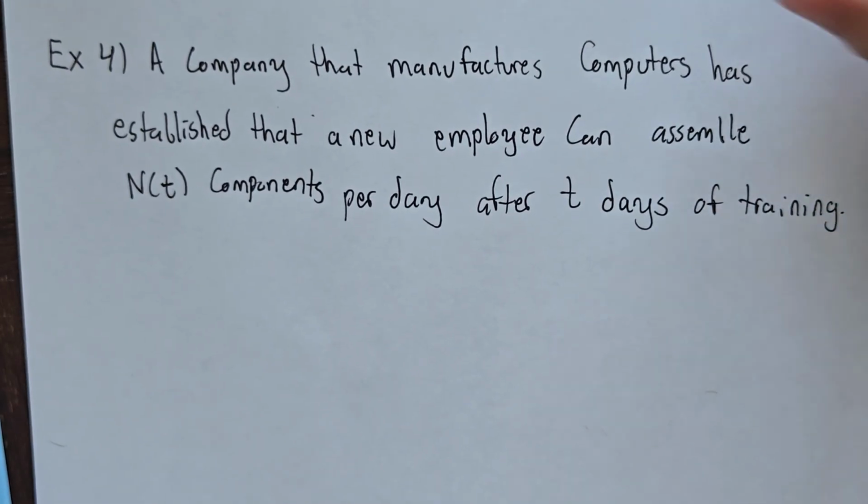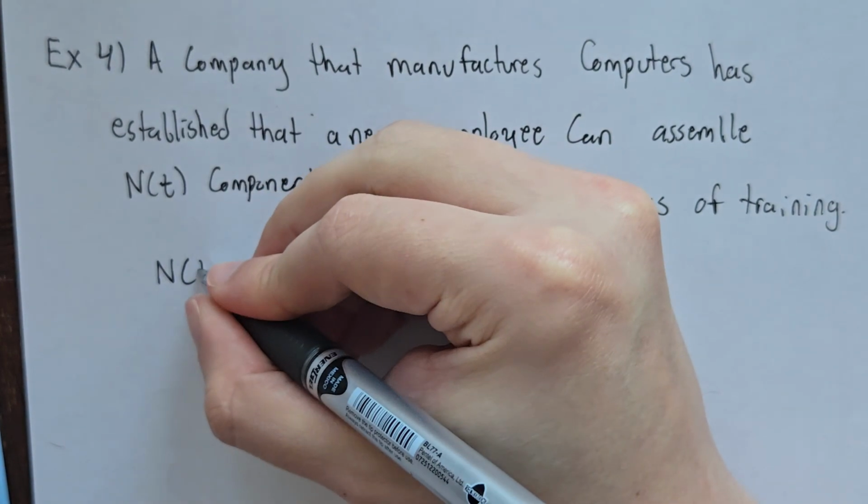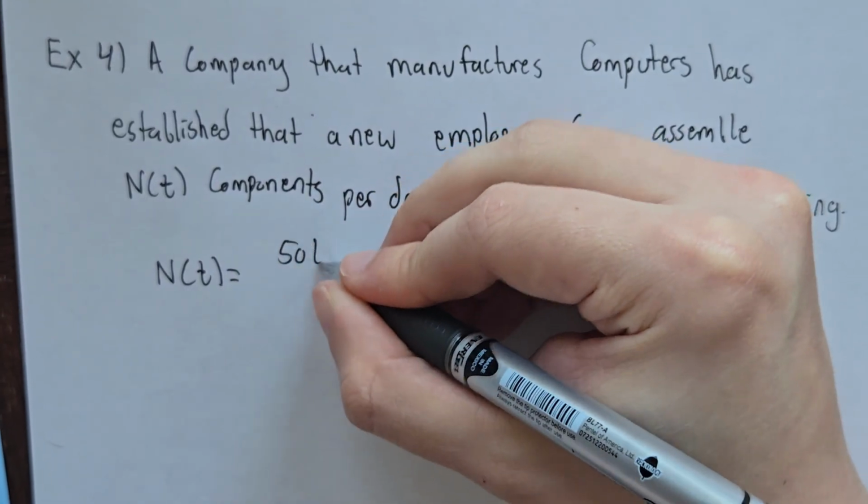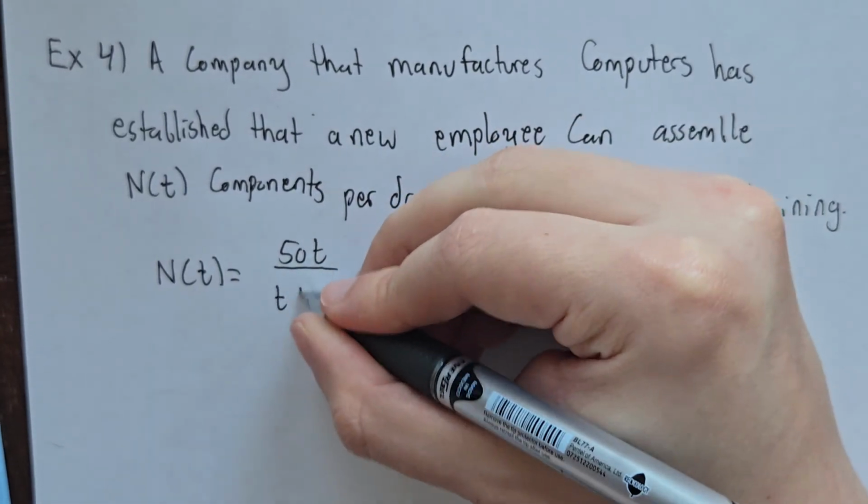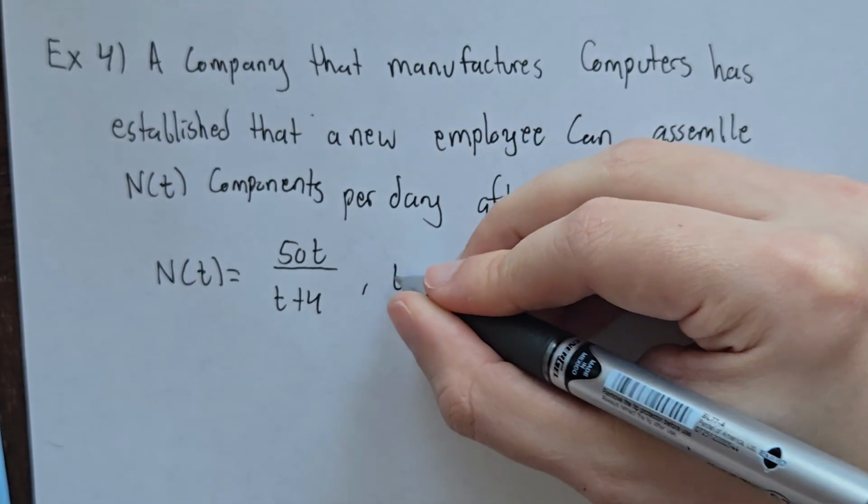And this function is given by N(t) equals 50t over t plus 4, where t is greater than or equal to 0.